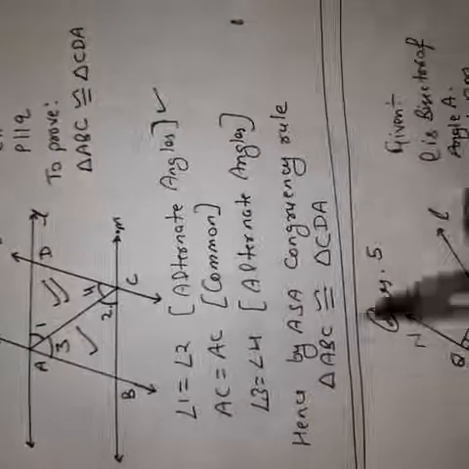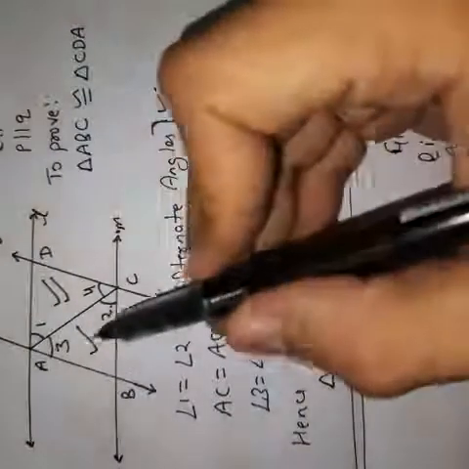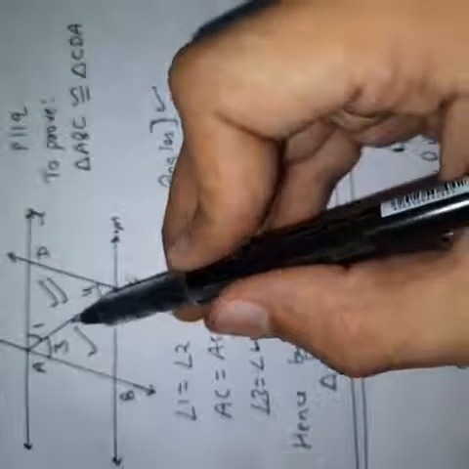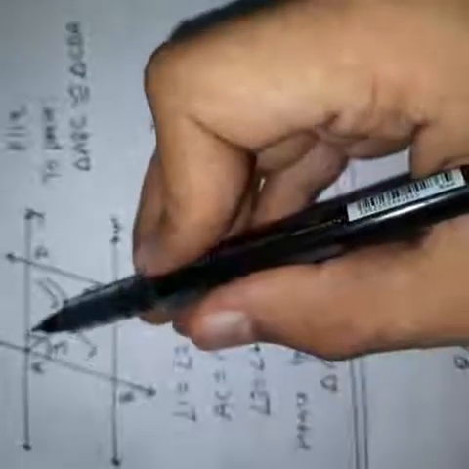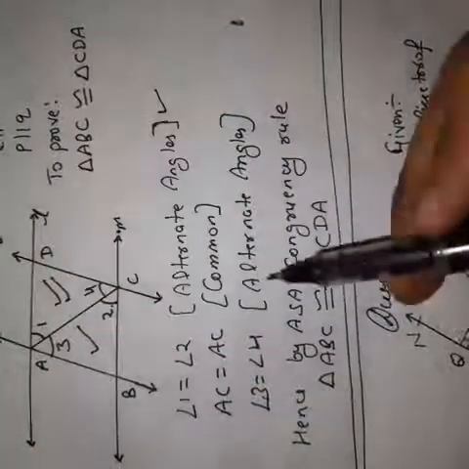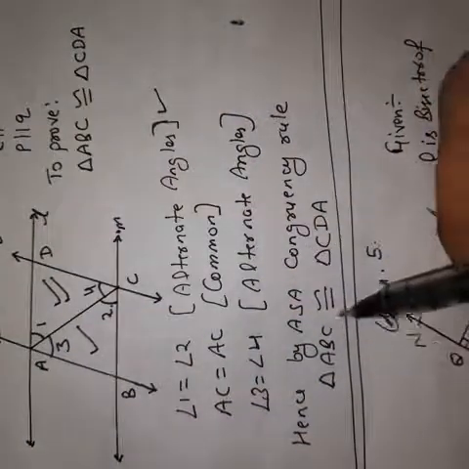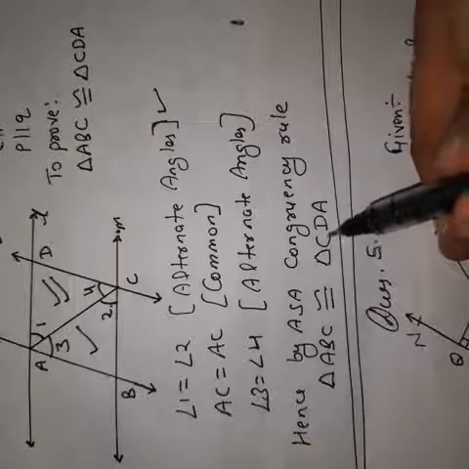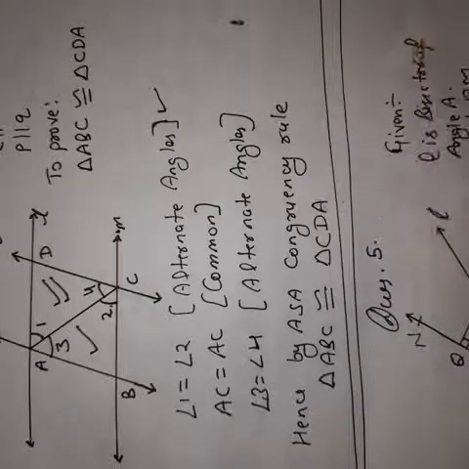Hence, by the angle side angle property, we can say that triangle ABC is congruent to triangle CDA.